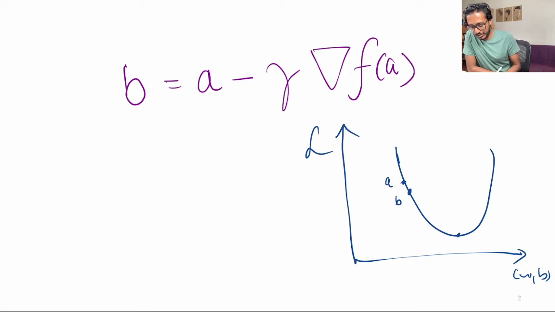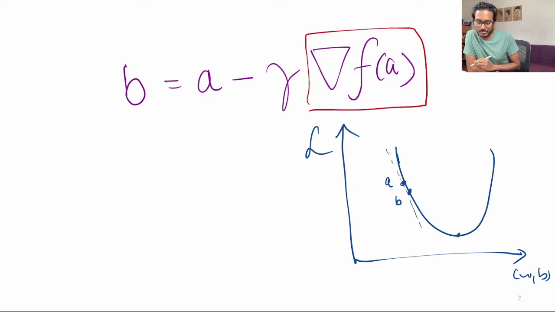In order to do that, we want to find the gradient at our current location, which is signified by del F a. If we find the gradient of the current location, then we can move along that gradient, which means we will be able to reach a location on the curve which is better than our current position. However, we don't want to go in the positive direction of the gradient, we want to go in the negative direction of the gradient, right?